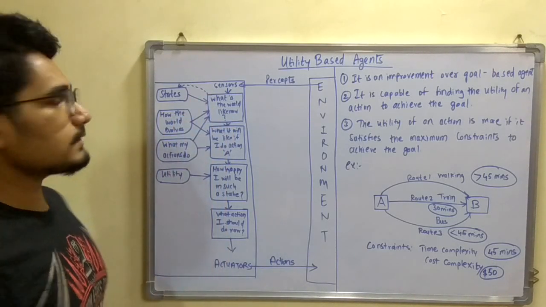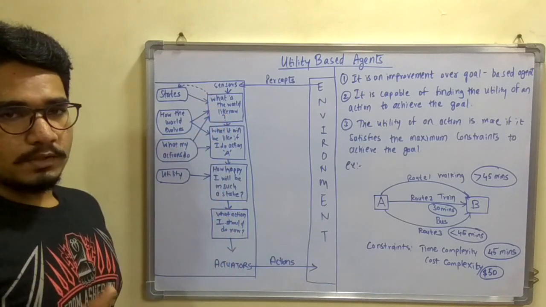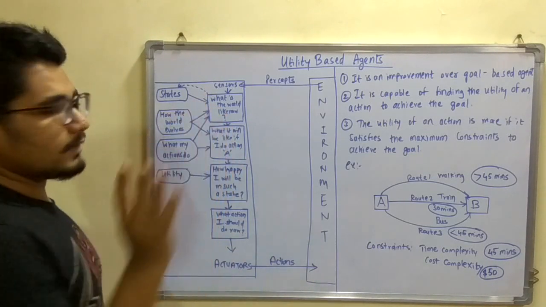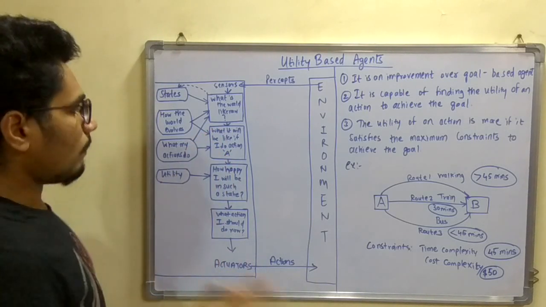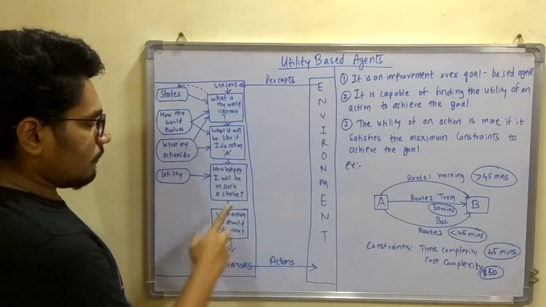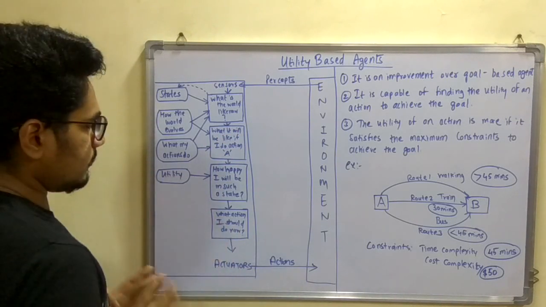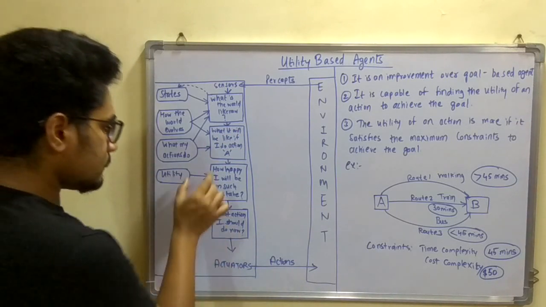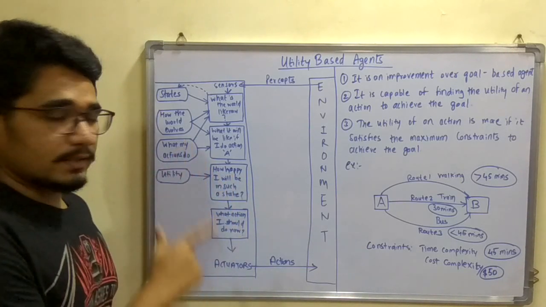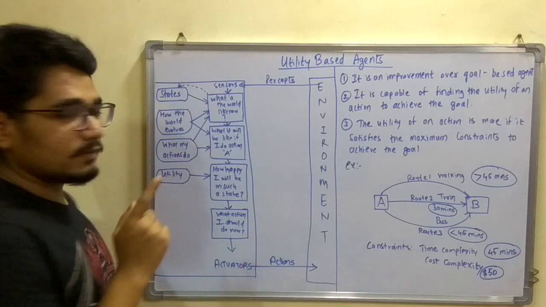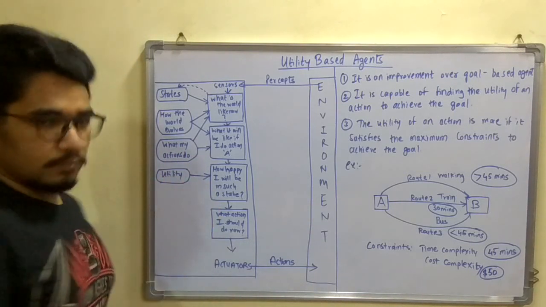And you have these sensors and what the world is like now, that you have seen from the simple reflex agent as well. Now what it will be like if I do action A, that is all from the model-based agent, and what action should I do now. So all these things remain the same. Now one extra thing is this block, that is the third type of state. This says how happy will I be in such a state, and it derives from a utility.